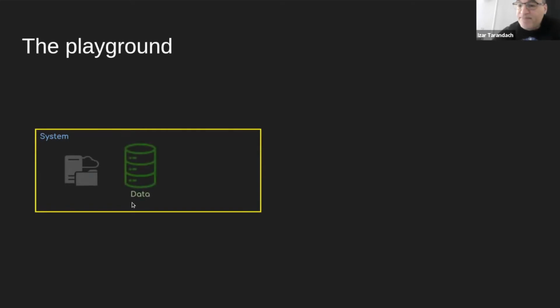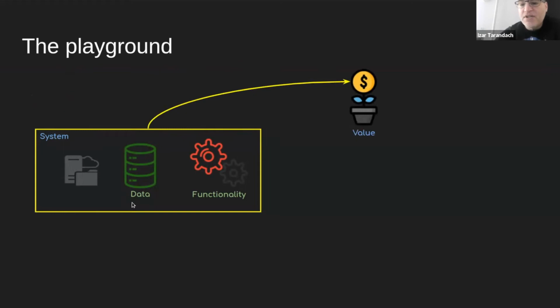It holds some data, and together with that data, it offers some kind of functionality. So in this yellow square, basically, we have the reason why we wake up in the morning and go to work. We want to be able to store, create, and transform data, and offer that as a functionality to customers, and thus generate some value.